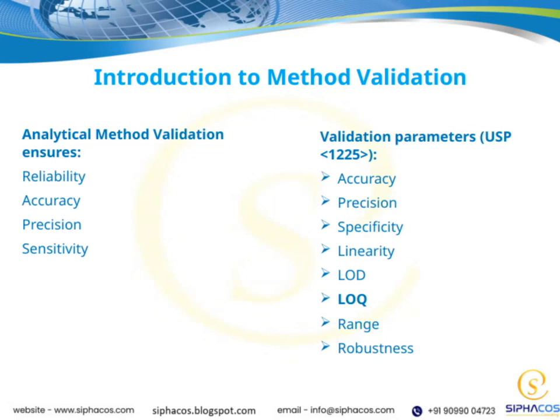Let's start by exploring what we mean by method validation. It's a crucial part of ensuring that our analytical methods are reliable and accurate. When we talk about validation parameters, we're referring to specific criteria outlined in USP 1225.